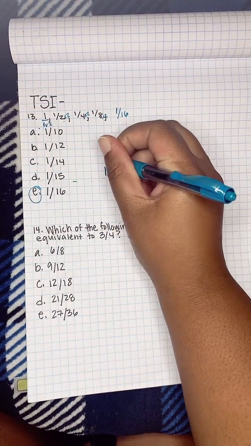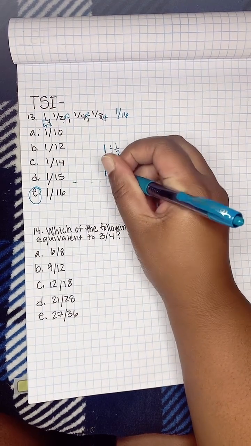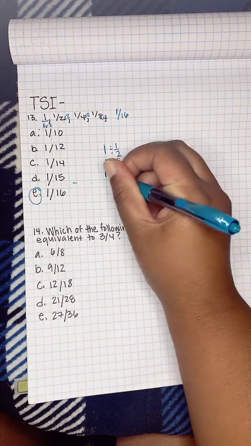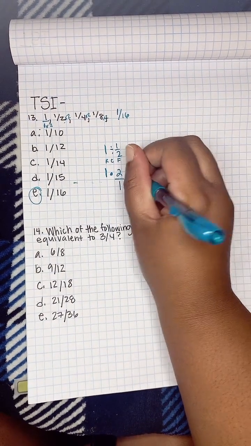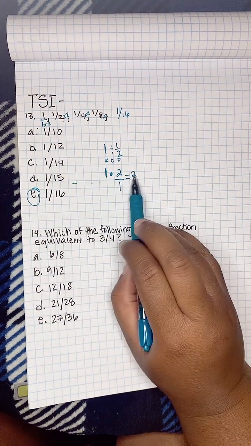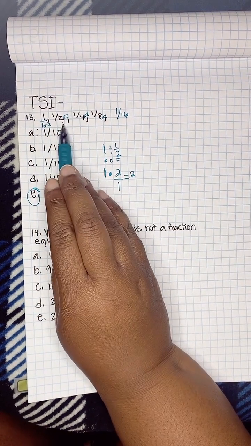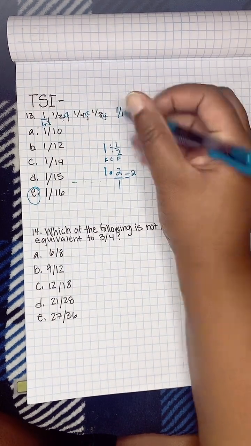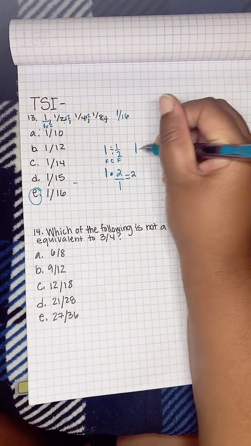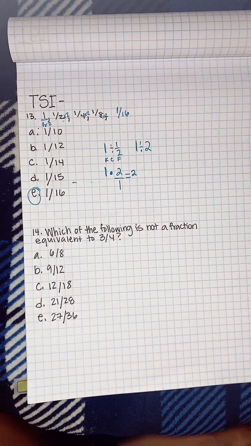So what we do is the keep, change, flip. So I would change this, and then I would do 2 over 1, which is 1 times 2, giving me 2, which is not what we're doing here. They didn't have 2 here. They had a half. So you could say they're dividing by 2. 1 divided by 2, you could say that.